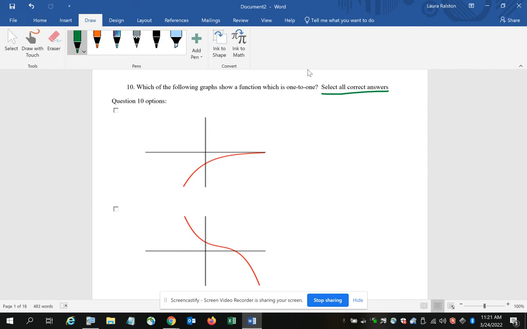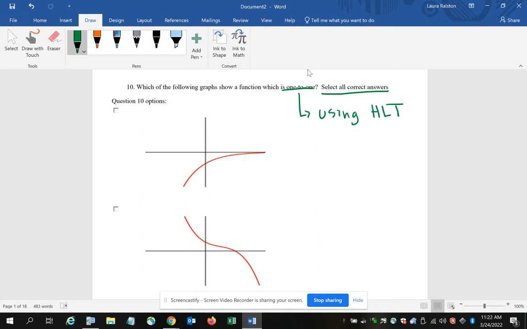From a graphical perspective, we determine whether a function is 1-to-1 using the horizontal line test. Basically, if a horizontal line crosses the graph only one time, then it is considered 1-to-1. If it crosses more than once, then it is not 1-to-1.